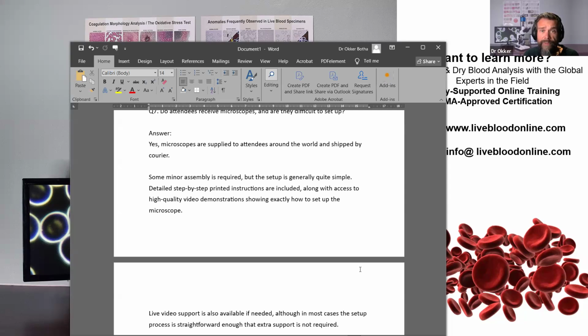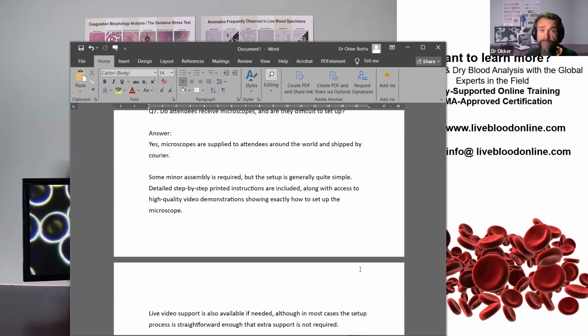And there's a lot more information provided in the manual that's not covered. There's not enough time in the lessons to cover everything. So, that's very important to go through that after the lesson. And also, the lessons are recorded, which allow attendees to listen to those lessons as many times as needed. Often hearing something just once isn't really enough. And then, aside from all the images included in the training manual on the online training site, we also have additional images, examples of the anomalies that you could encounter in live and dry blood, as well as videos of those anomalies as well.